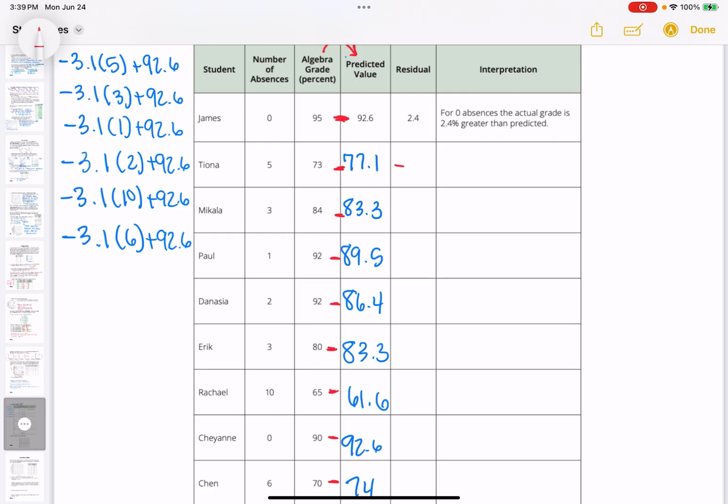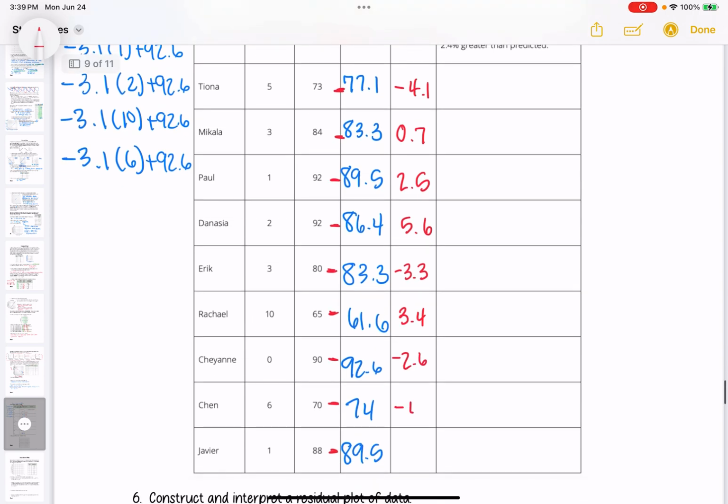Okay, so I get negative 4.1, 0.7, 2.5, 5.6, negative 3.3, 3.4, negative 2.6, negative 4, and negative 1.5.